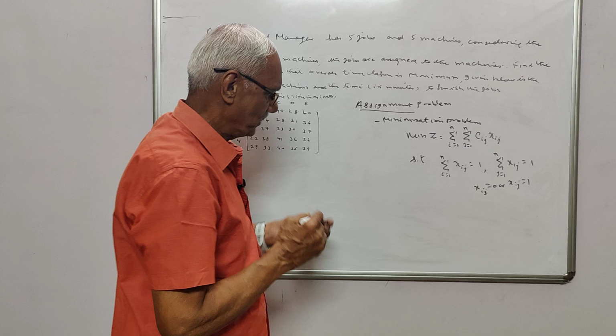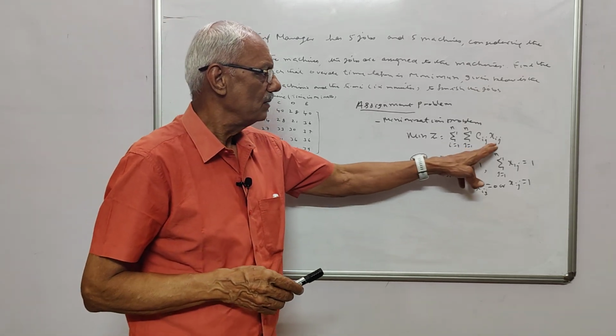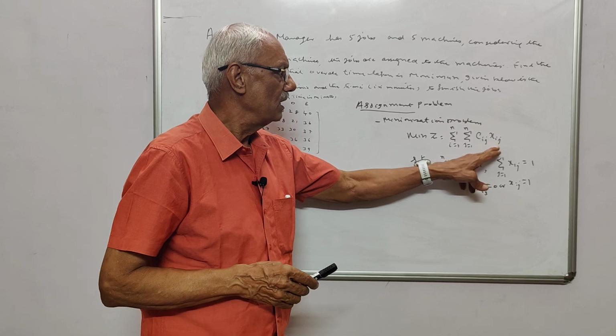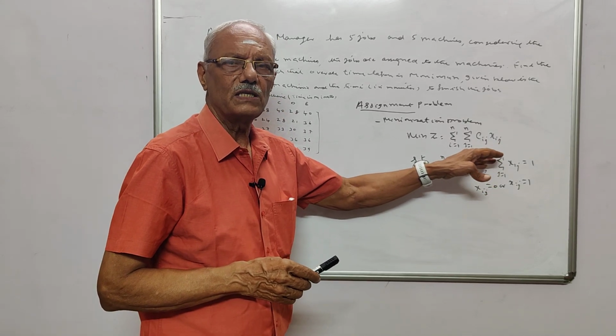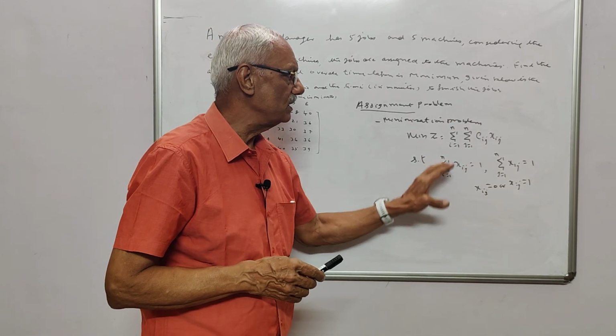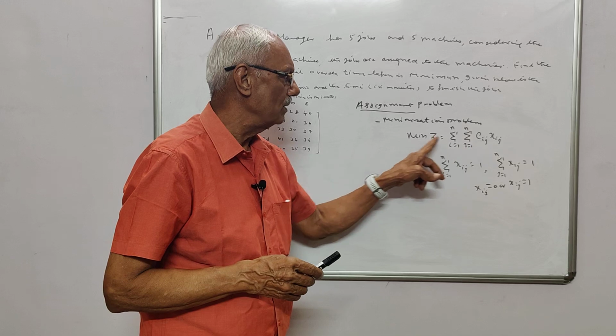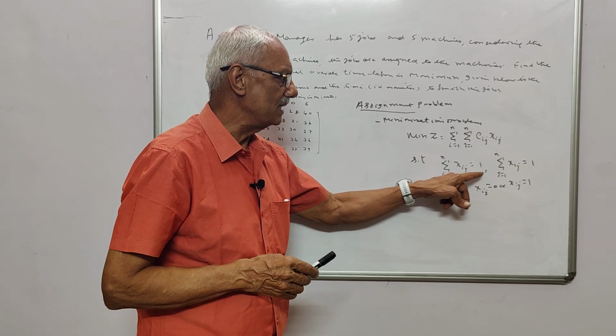So you see that this is a linear programming problem, because all the terms are linear, that is, no square term is taken. So this is a linear programming problem, minimization of z subject to the condition that Xij.